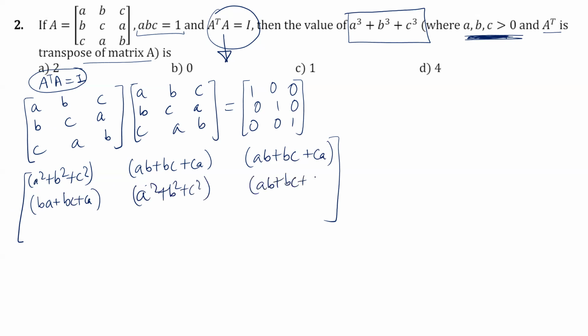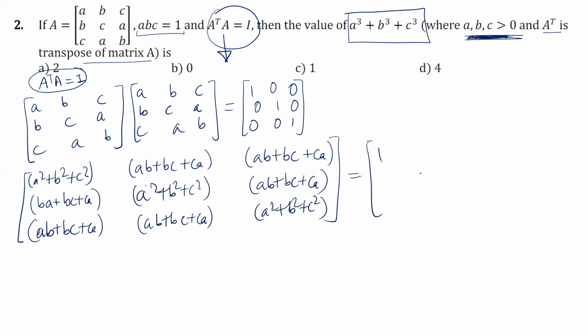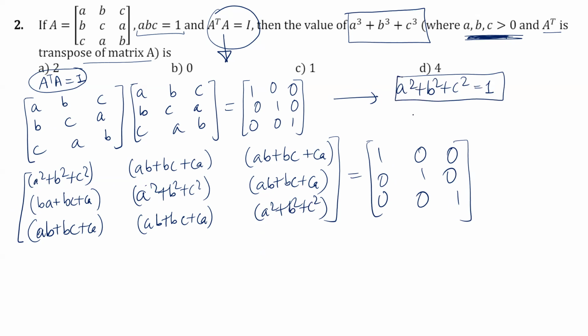Here also ab plus bc plus ca, and finally a square plus b square plus c square, and this will come out to be [1 0 0; 0 1 0; 0 0 1]. So from this matrix equation, if you compare, you get two equations: a square plus b square plus c square will be 1, and ab plus bc plus ca will be 0.